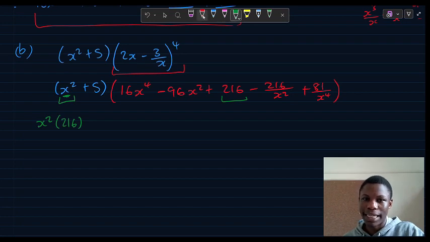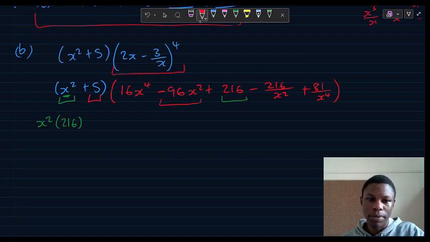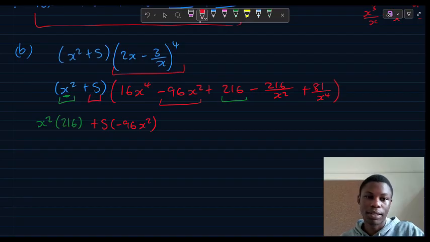The other way I can get x squared is to take this 5 and multiply it by negative 96x squared. Okay, so that would be plus 5 times negative 96x squared. There are going to be no other possible combinations that will result in x squared.